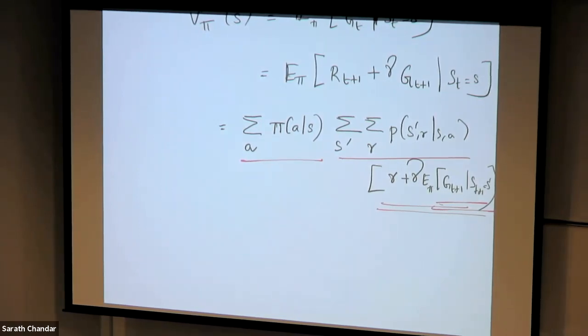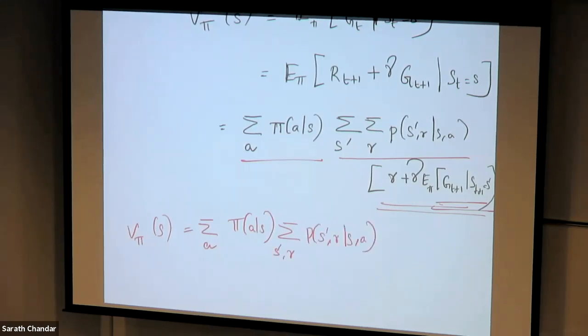So I can just rewrite this as v pi of s is equal to summation over a, pi of a given s, summation over s dash and r, probability of s dash, r given s, a, r plus gamma times v pi of s dash. Okay, now this equation holds for all states.